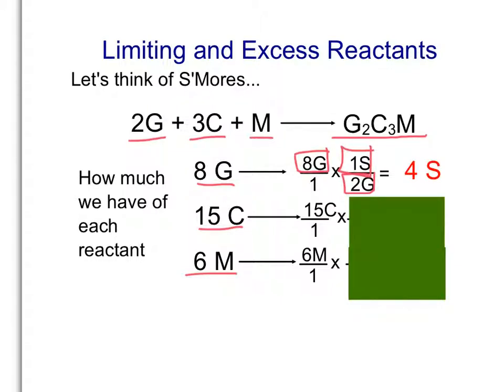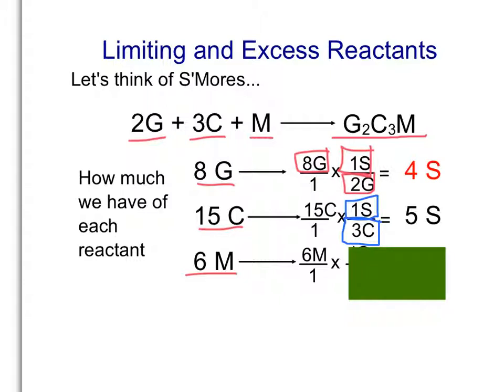We can do this another way. If we start with 15 chocolate pieces, how many s'mores can I create? So we're going to solve for the number of s'mores again, and we're going to see that for every 3 chocolate pieces, we can create 1 s'more. And so if I have 15 chocolate pieces, I can create 5 s'mores.